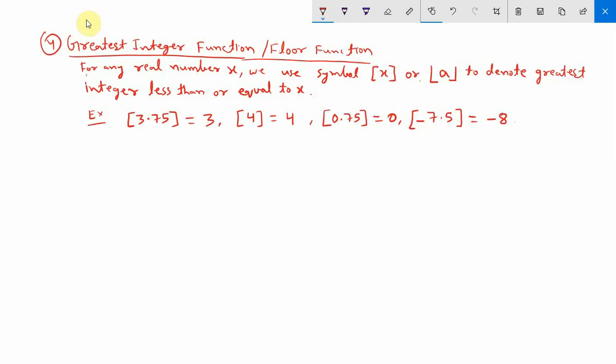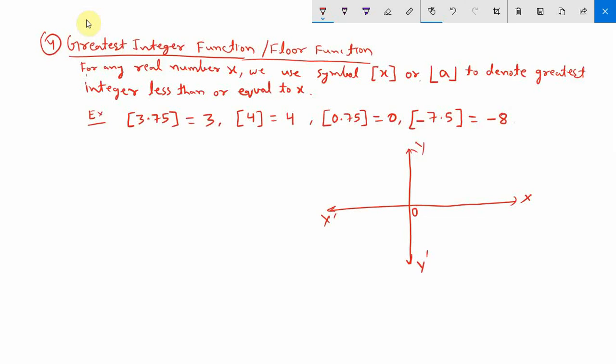So if we represent this on a graph, this is your graph. It is the x-axis, x-axis dash, y, y dash, and this is your origin.